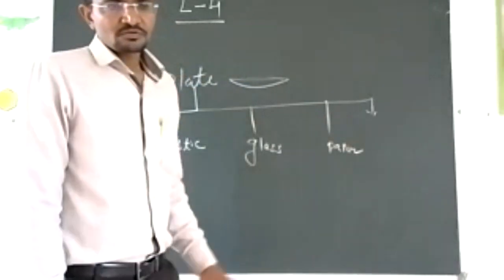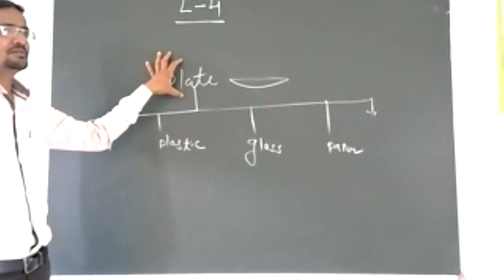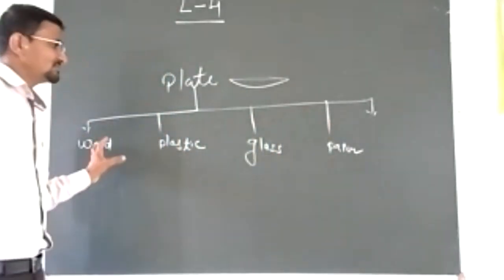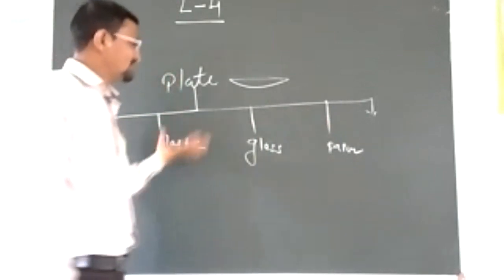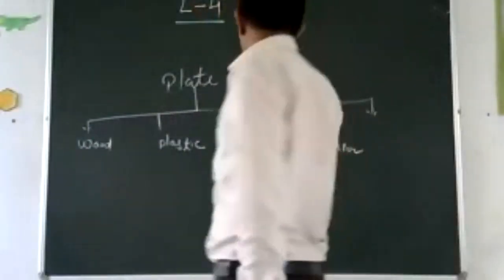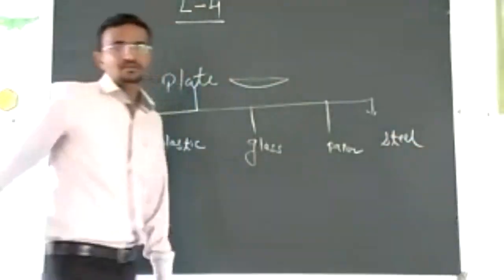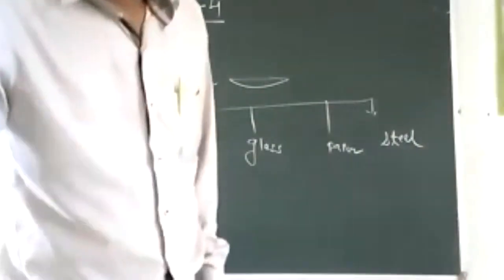So there are four chances of making a plate: you can make the plate from wood, from plastic, glass, paper, and one more, steel. Okay, let's go ahead.